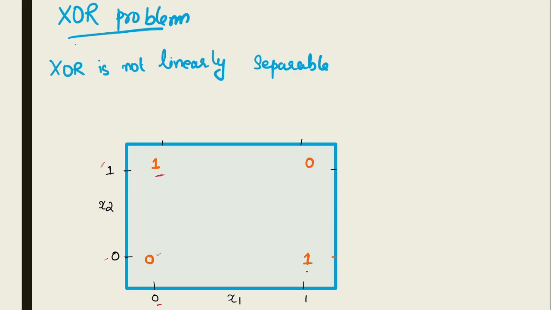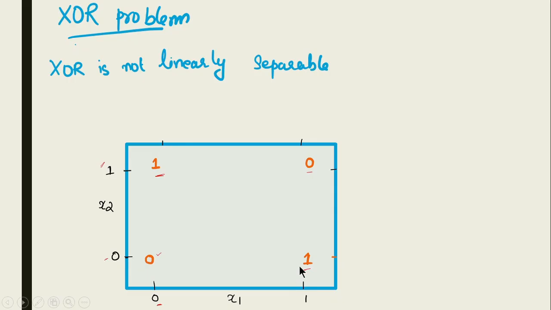Then x1 equals 1 and x2 equals 0, the output is 1. And when both are 1s, the output is 0. So this is not a linearly separable one, because of the spreading of the zeros and ones. These are the output values, the values in red color.